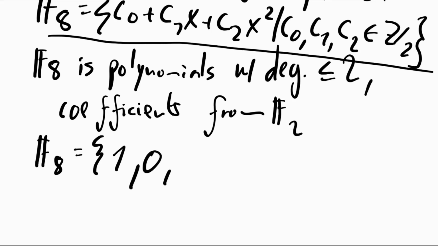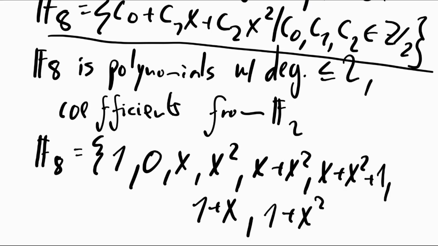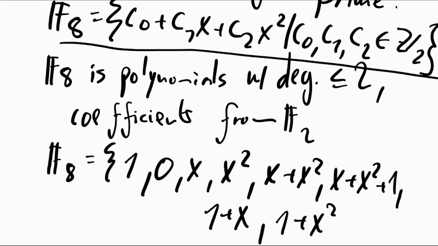So that is 1, 0, x, x squared, x plus x squared, x plus x squared plus 1, 1 plus x, and 1 plus x squared. Let's check that the number is 8 elements. 1, 2, 3, 4, 5, 6, 7, 8. Yes. So we have 8 elements now.